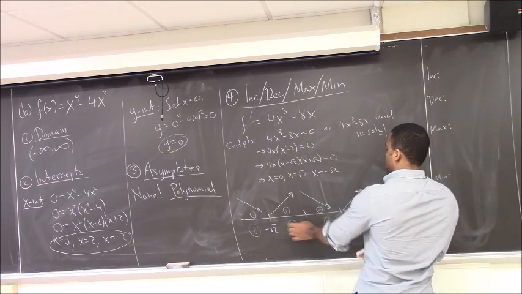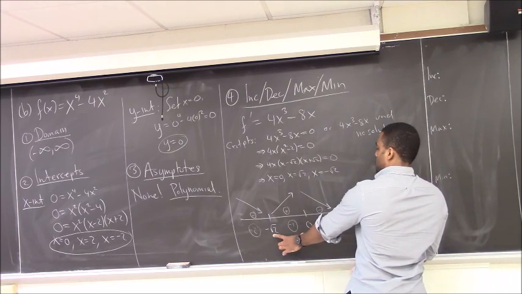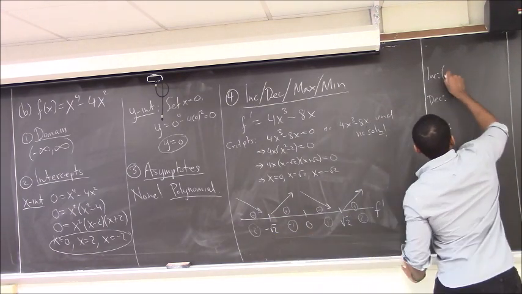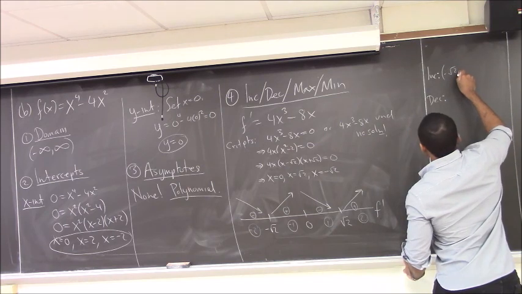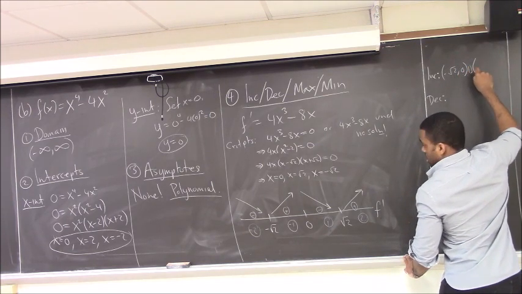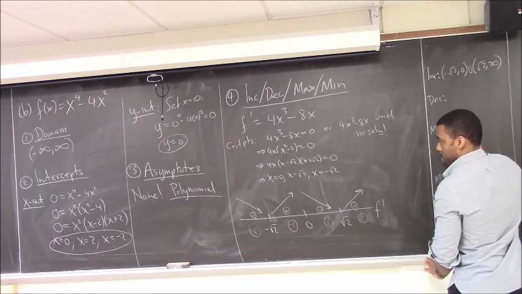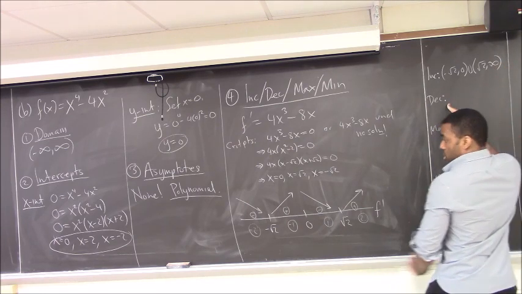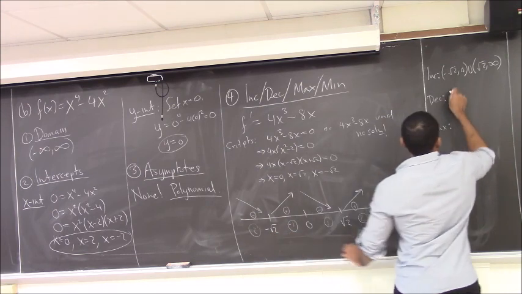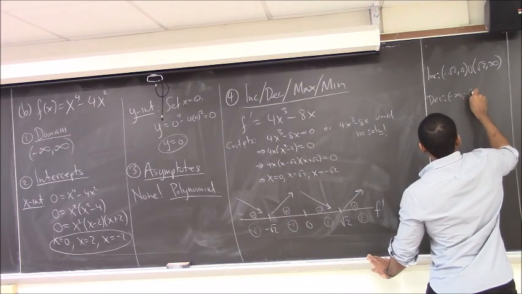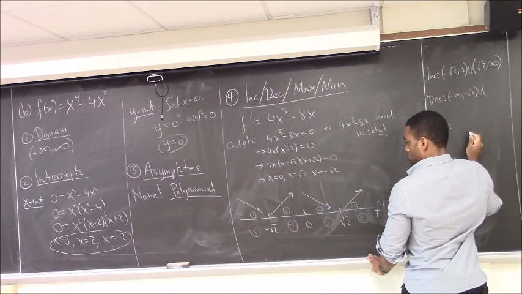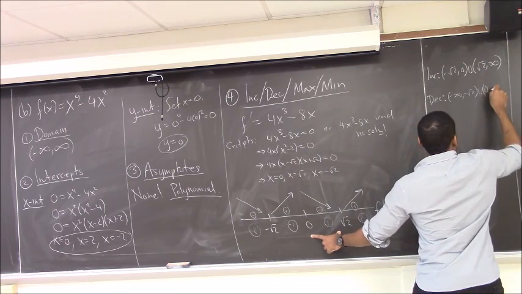On the intervals where the arrows are pointing up, so that's on this interval, minus radical 2 to 0, union this interval, radical 2 to infinity. We're decreasing where the arrows are pointing down, so minus infinity to minus radical 2, union 0 to radical 2.